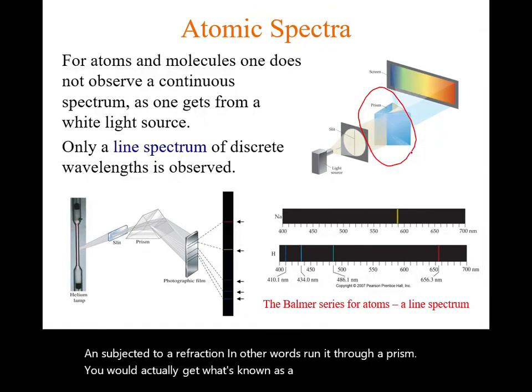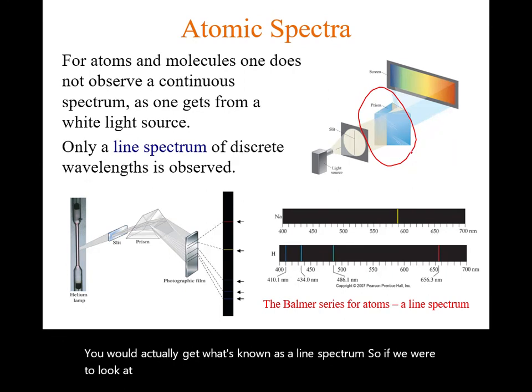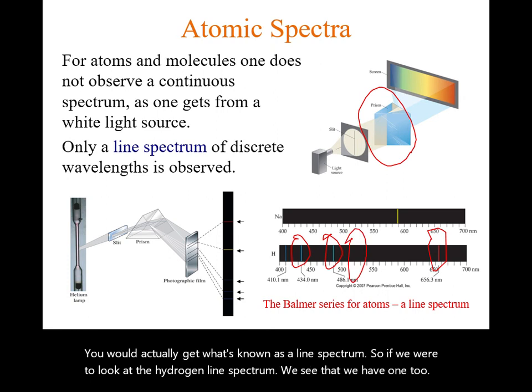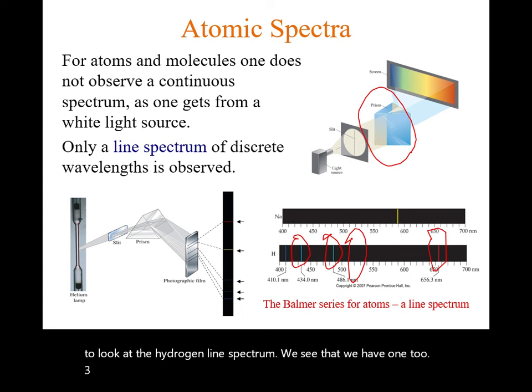So if we were to look at the hydrogen line spectrum, we see that we have 1, 2, 3, 4 lines of hydrogen. So these 4 lines of hydrogen, the line spectrum, what am I doing?